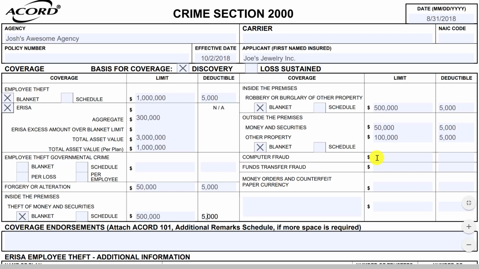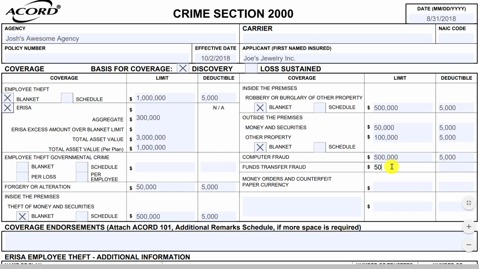All right. Computer fraud. We'll just keep our 500. Funds transfer fraud.